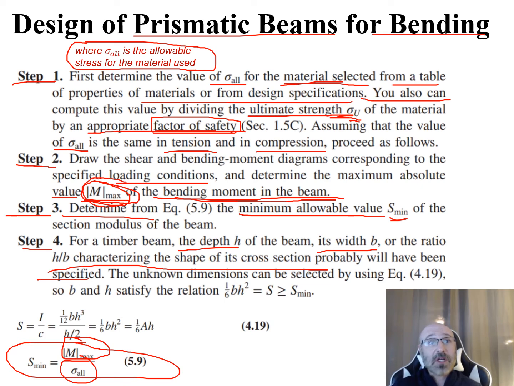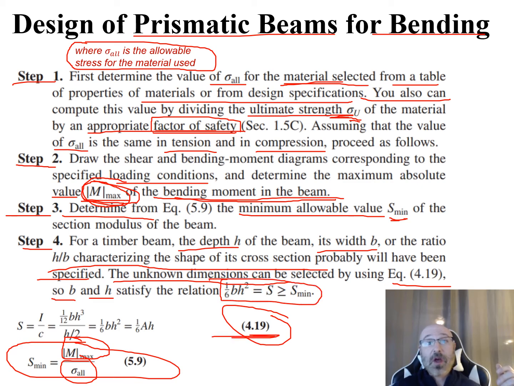So this is a case where, if these dimensions are unknown, we can find them by utilizing the relationship shown in equation 4.19 in our textbook. We can back calculate our B and our H so that we satisfy this relationship. If our S is going to be greater than or equal to that S min, which we calculated from 5.9, then we can at least calculate our B H squared value, which again could also be our area, base times height, times our height again.